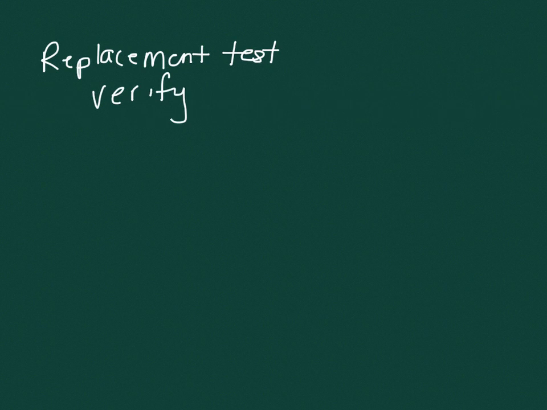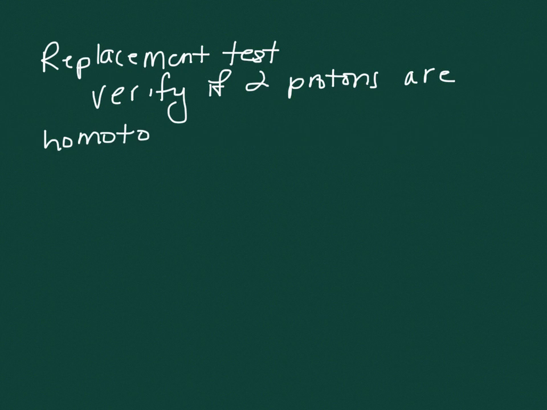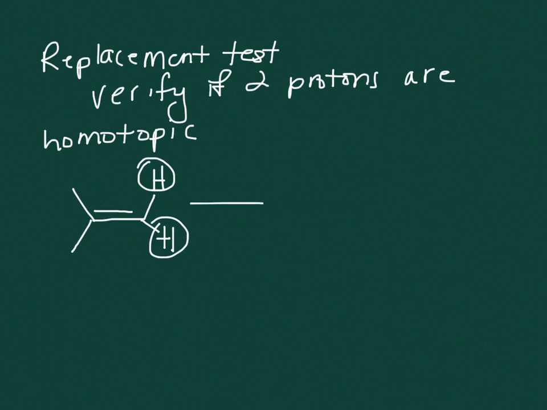If you have trouble visualizing an axis of symmetry, you can do what's called the replacement test. And this will allow you to verify if 2 protons are homotopic. Okay, so we're going to be looking at these 2 hydrogens here.